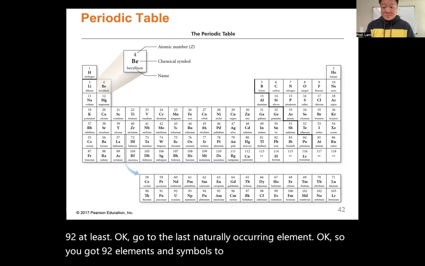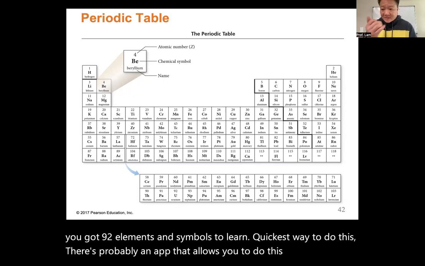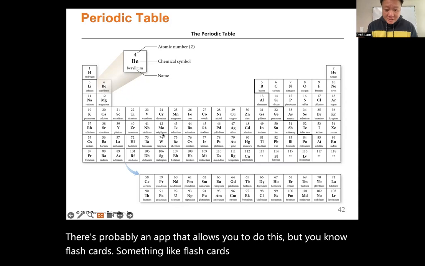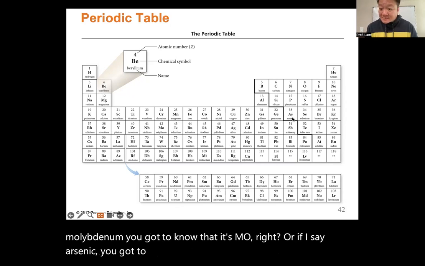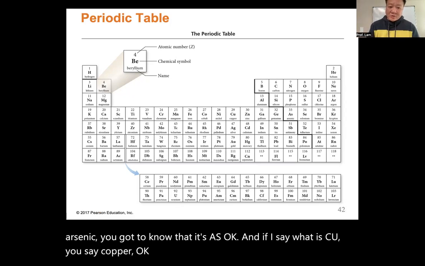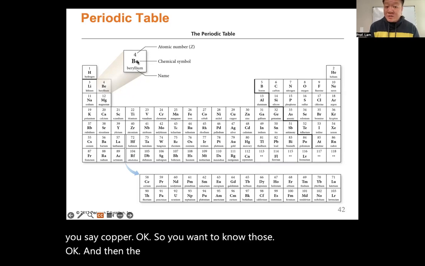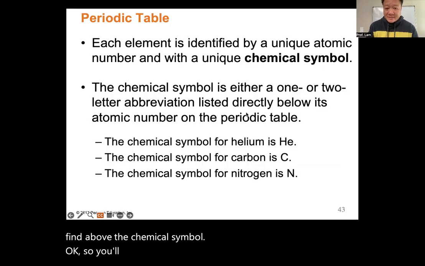Quickest way to do this, there's probably an app that allows you to do this. But something like flashcards, where if I say molybdenum, you got to know that it's Mo, right? Or if I say arsenic, you got to know that it's As. Okay. And if I say, what is Cu, you say copper. Okay. So you want to know those. Okay. And then the atomic number, the number of protons, you can find above the chemical symbol. So you'll always see that right in each periodic table.